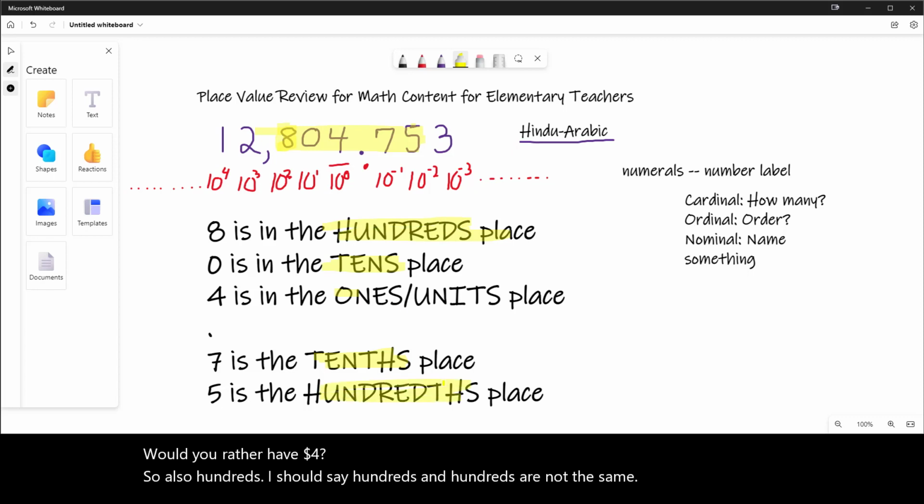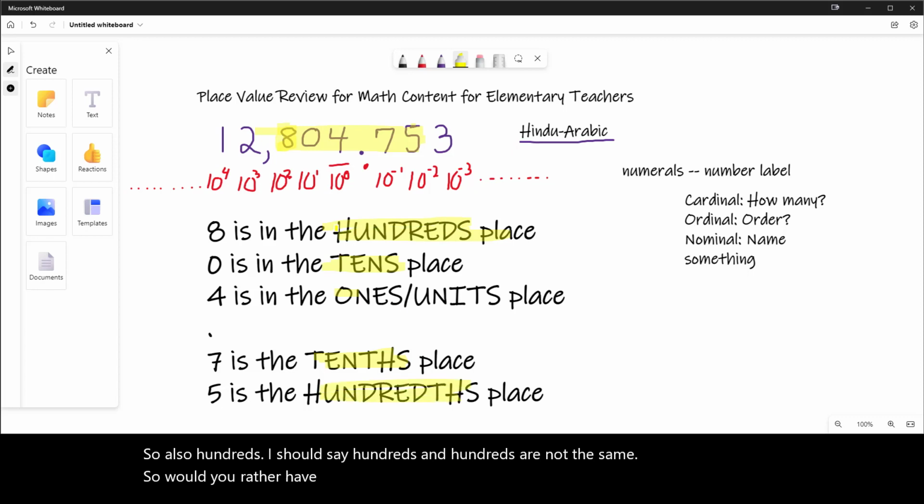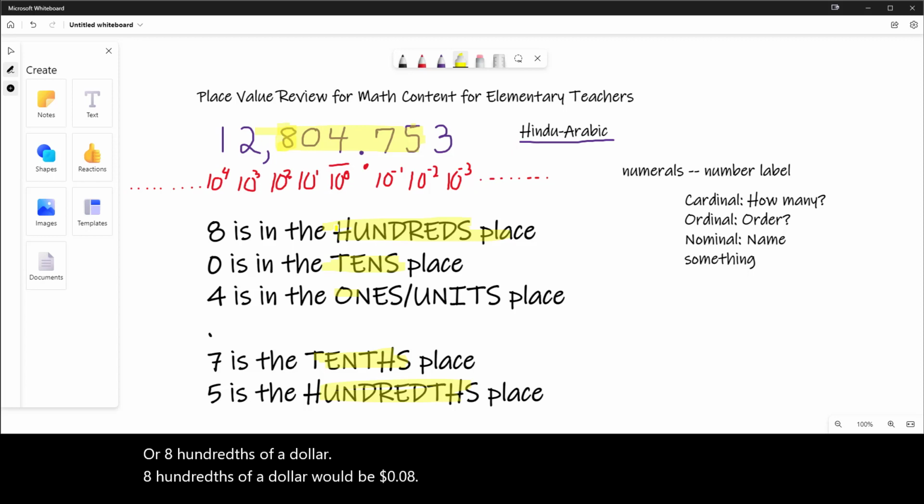So would you rather have $800 or 8/100ths of a dollar? 8/100ths of a dollar would be 8 cents. Not the same. So it's important that you distinguish and differentiate between these two.